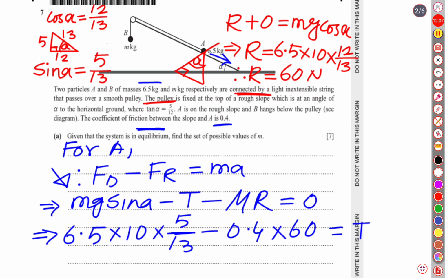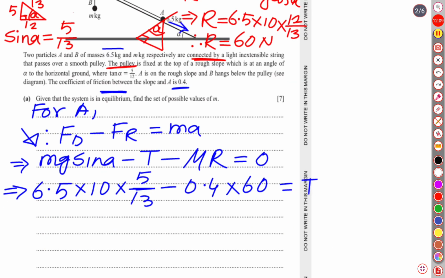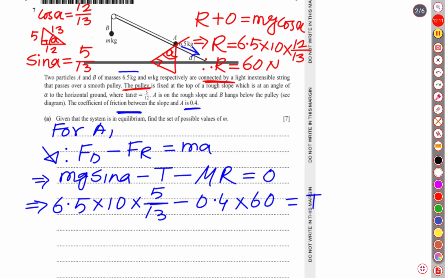Okay, hence if we make T the subject, T is going to be, look at this, 6.5 times 10 is 65. If we divide by 13, it is 5. 5 5s are 25. So let us write 25 minus 4 6s are 24.